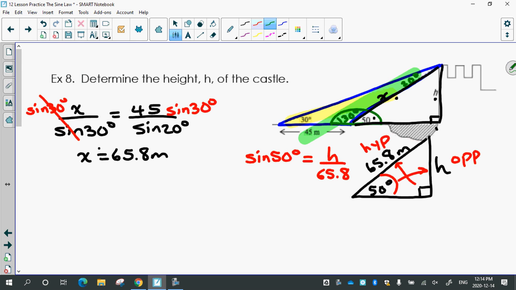Then I want to get h by itself, so I would multiply both sides by 65.8. And I get that the height is 50.4 meters.